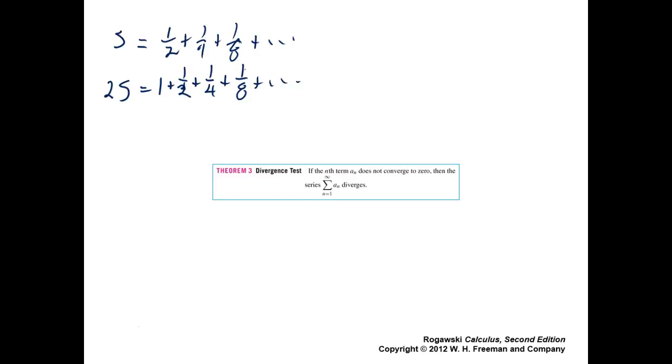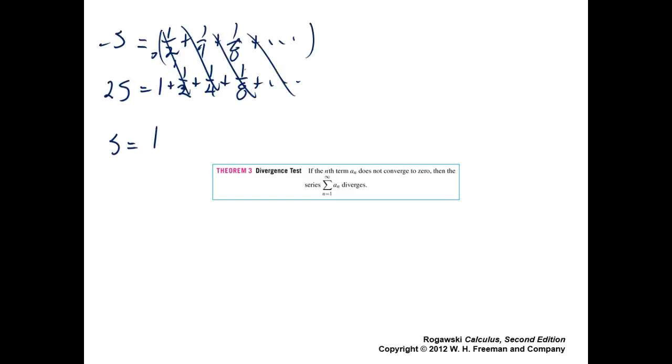And then subtract those from each other, subtract this one from that one. Okay, so this is the minus, and that gives you S is equal to 1, because all these subtract away.